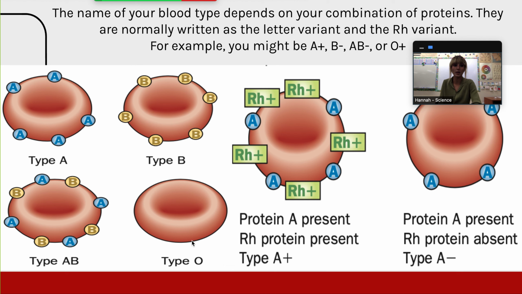The problem is, when that's blood, our antibodies will bind to the antigens on the surface of a foreign blood type that doesn't match our own, and create a clump of blood. That causes a blood clot.